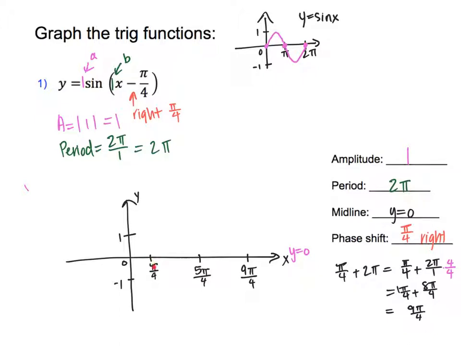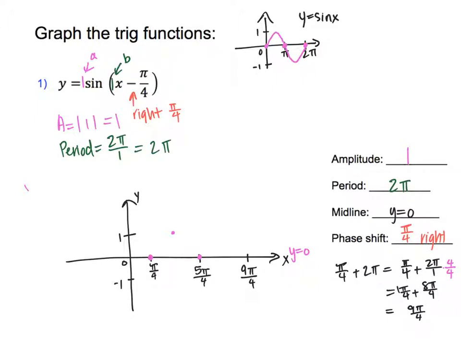And so at pi over 4, it is going to be at 0, because notice at 0, when sine starts, it starts at 0. Then when it's between pi over 4 and 5 pi over 4, notice 0 to pi, it hits 1. So I know I have to hit 1. And then back at 9 pi over 4, which corresponds to 2 pi, it goes back to 0, when y equals 0.